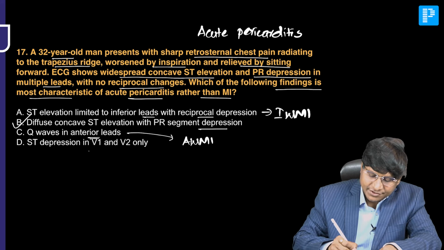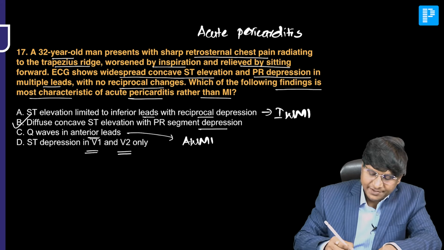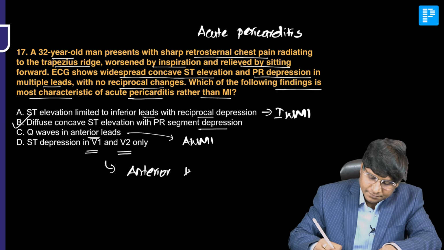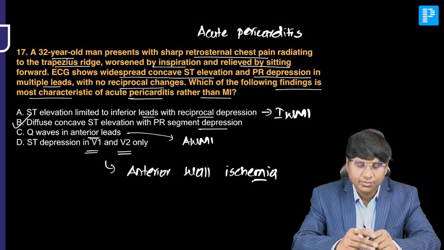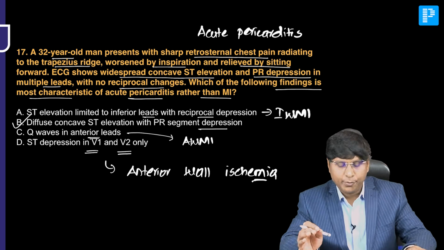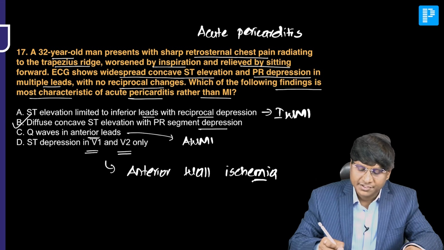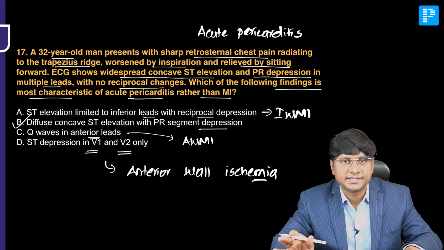And ST depression in leads V1 and V2 only is suggestive of anterior wall ischemia. So the point in favor of acute pericarditis is diffuse concave ST segment elevation with PR segment depression.